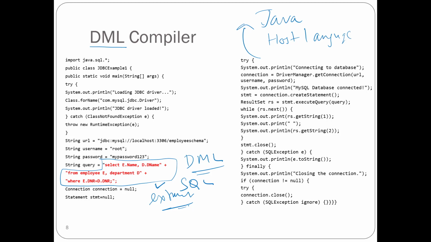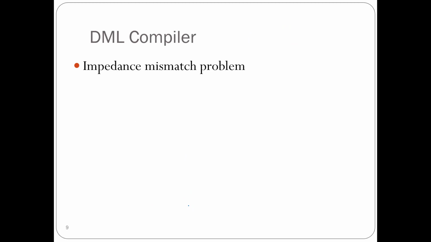Okay, so one of the reasons why we have this program over here in the slide is to give you some idea about the role of a DML compiler. It has to extract the DML statement from the program which is written in the host programming language.